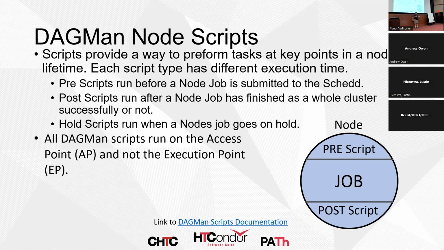The key thing to know is all scripts run on the access point, not the execution point. You want to use scripts to do tasks that aren't really computationally heavy, that would just bog up the system.